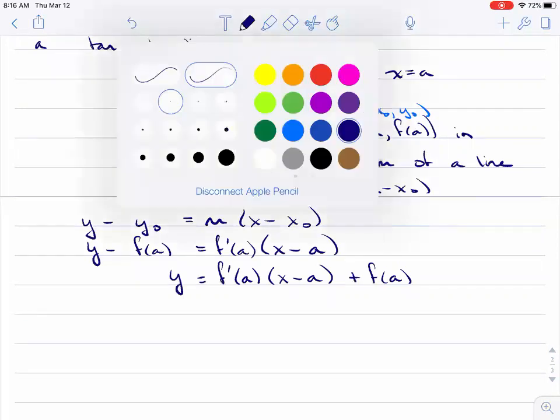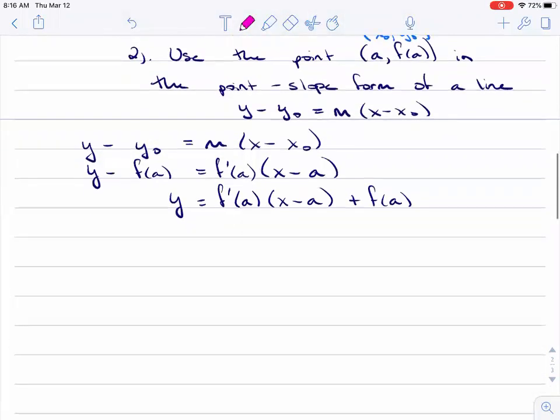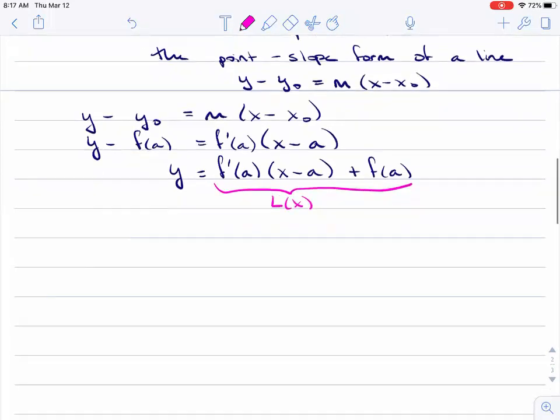So this equation here, that's going to be your L of x. This is your linear approximation. L of x is the linear approximation at x equals a.